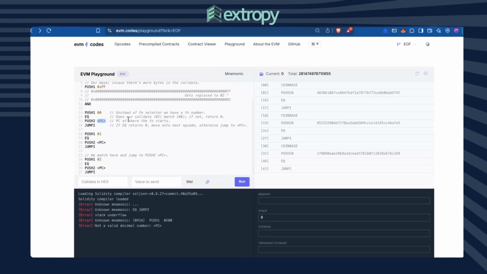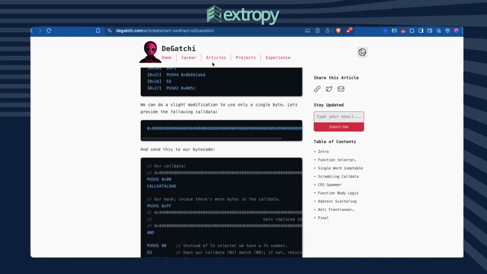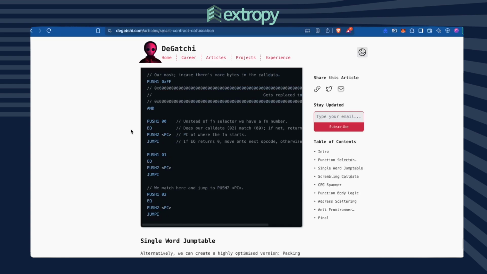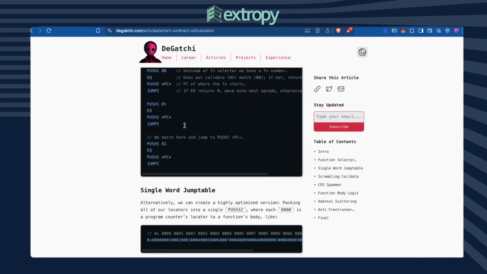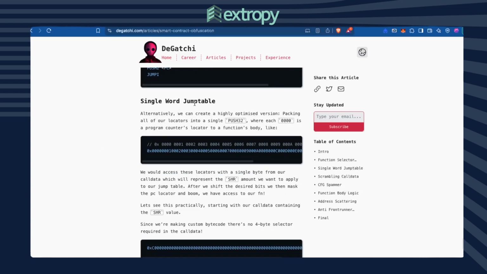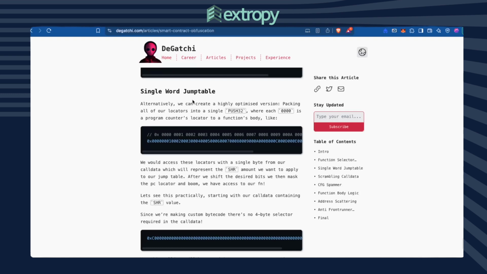I'm not sure what the values I need for these. Okay, I can't run that, but anyway, it's a way of masking, or making a more optimized version. And this idea of a jump table, if you haven't come across this before, if you write in Huff, then you use jump tables.